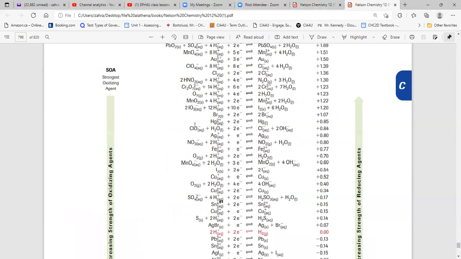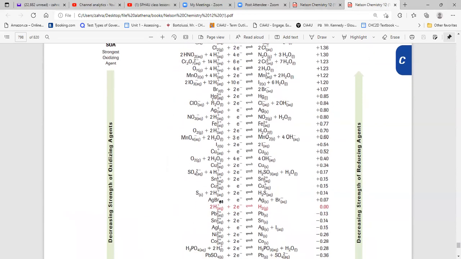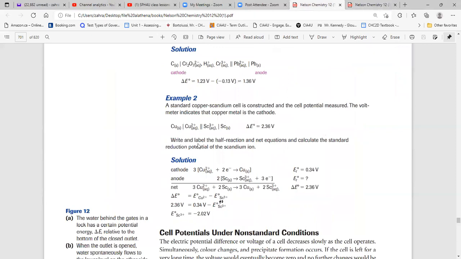Again, I'm just going to bring it out. So this is copper, Cu2 positive, 0.34, right? Here for Cu it is 0.34.